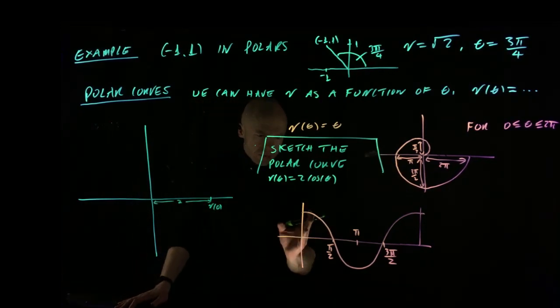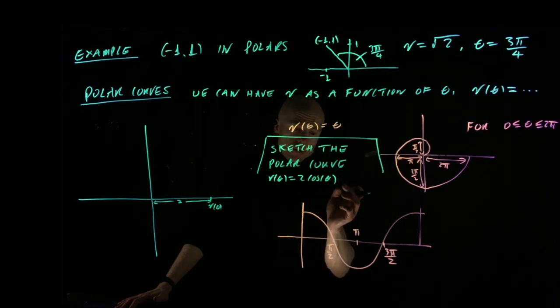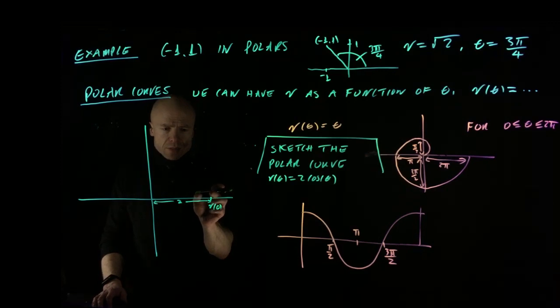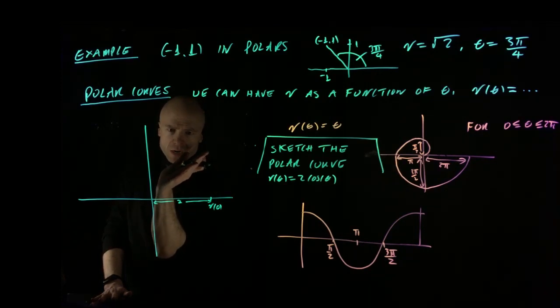And then as the angle goes from 0 to pi over 2, the r of theta is decreasing, decreasing, decreasing, right? So when we are at pi over 2, cosine of pi over 2 is 0, so the radius is 0 then. So for each theta we have a different r, right?